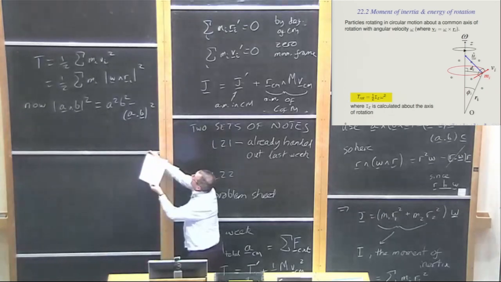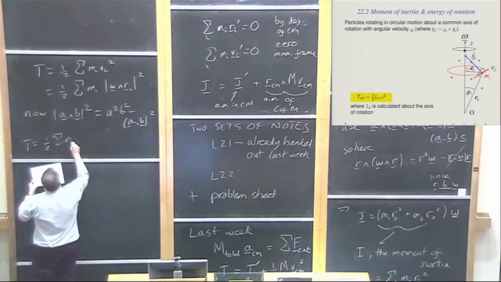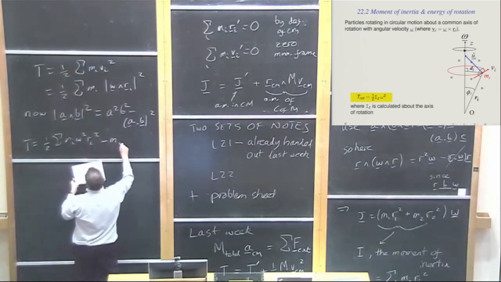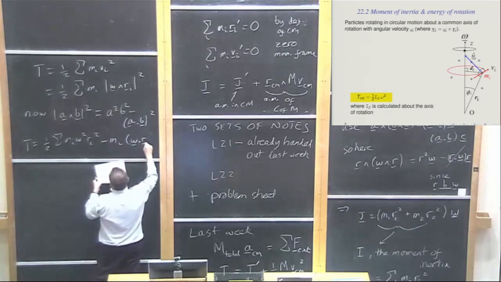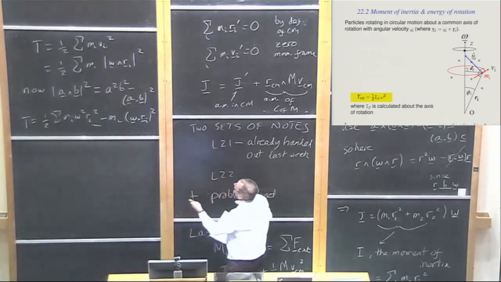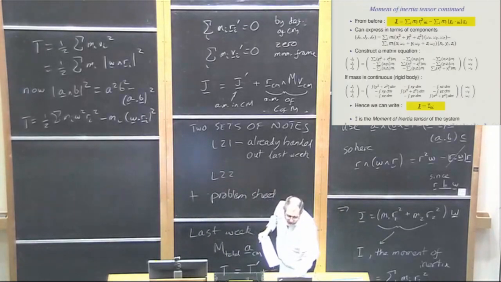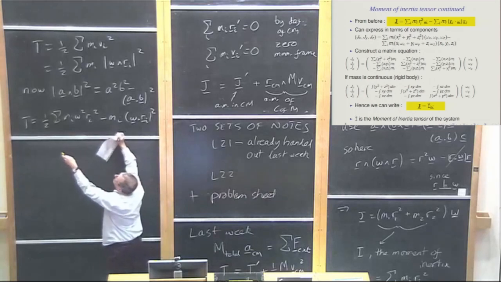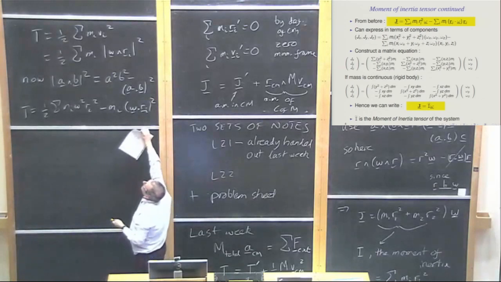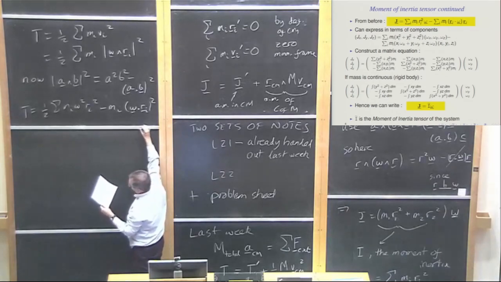Making use of this, we can say that T is a half sum of m_i omega squared r_i squared minus m_i (omega dot r_i) squared. Now you might say that doesn't look an improvement, but it's a very useful expression, because if I go back two slides previously, you see that that is exactly the same as what we have here.